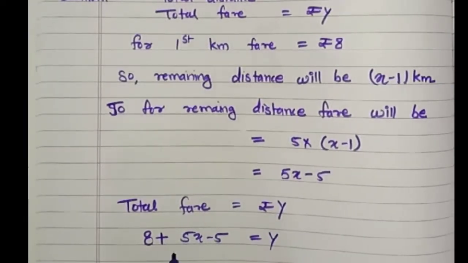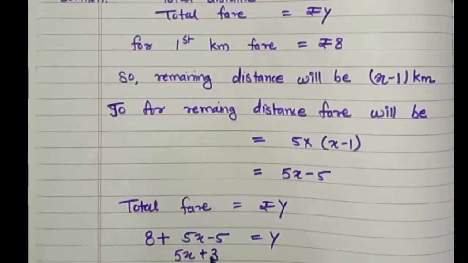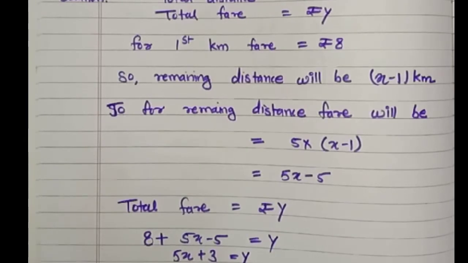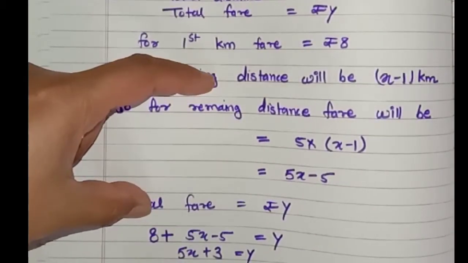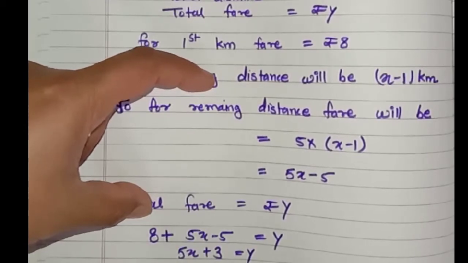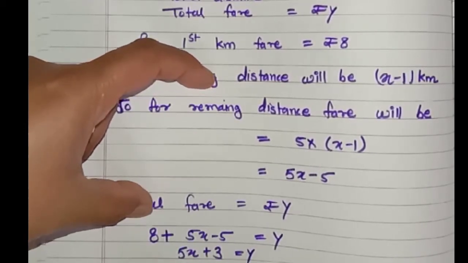When we simplify this, we get 5x, 8 minus 5 gives 3, equals y. If we write this into standard form, we get 5x minus y plus 3 equals 0.